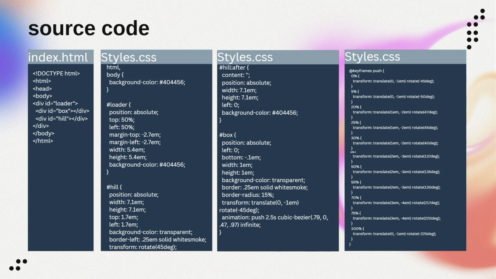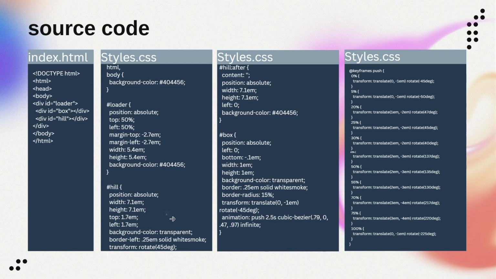Talking about the styling, let's look at the styles file. We have a basic background set with a basic color. Then we have the loader styling, which acts as a container for the animation, and it is positioned in the center of the page using negative margins. Then we have the hill styling.